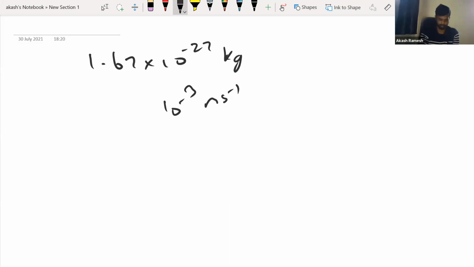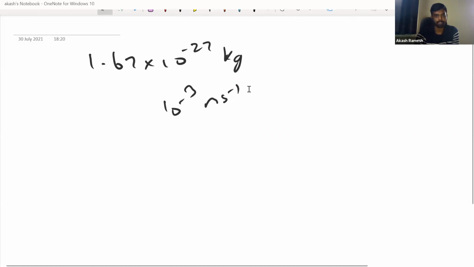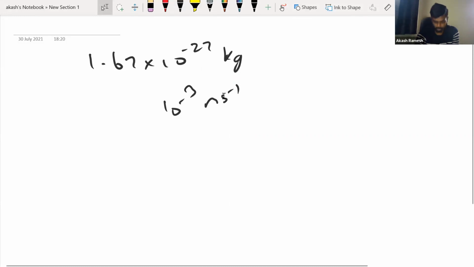Which formula do you have to use, people? Look at the question. They're asking you to find the wavelength. Lambda equals h upon mv, right? So de Broglie's wavelength is what you have to find. The m value is given, the v value is given, and you know the h value.